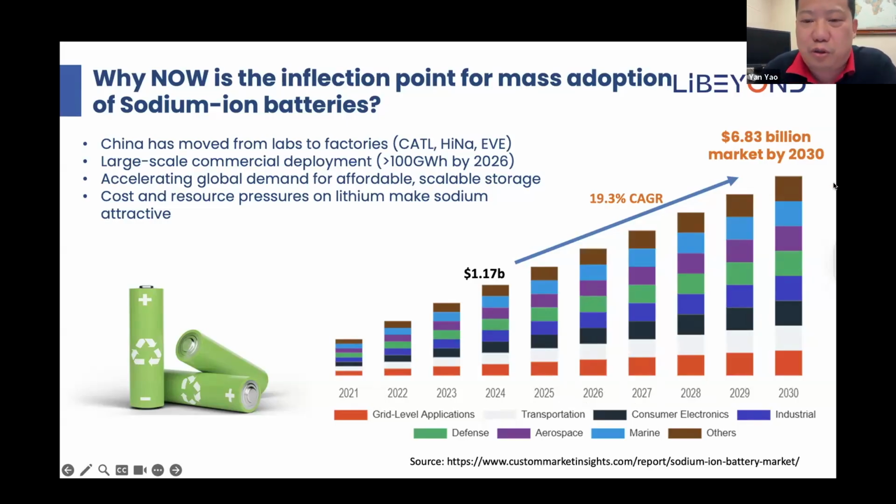This assumes a relatively conservative linear growth, but a more optimistic prediction is exponential growth that would lead to about $30 billion. That's about 10% of the global battery production in 2030.